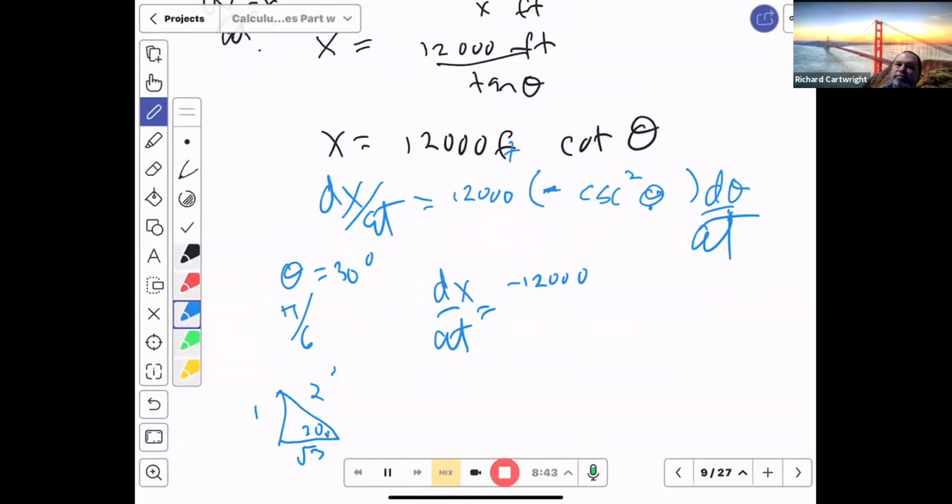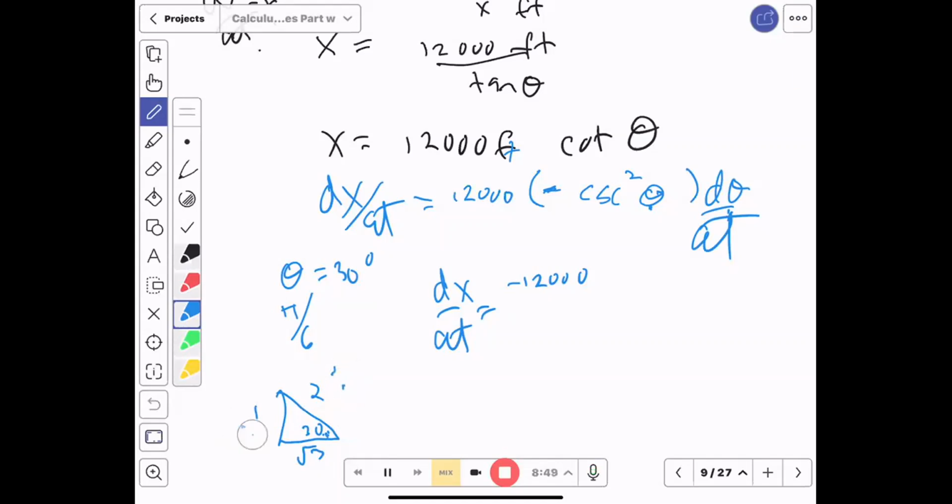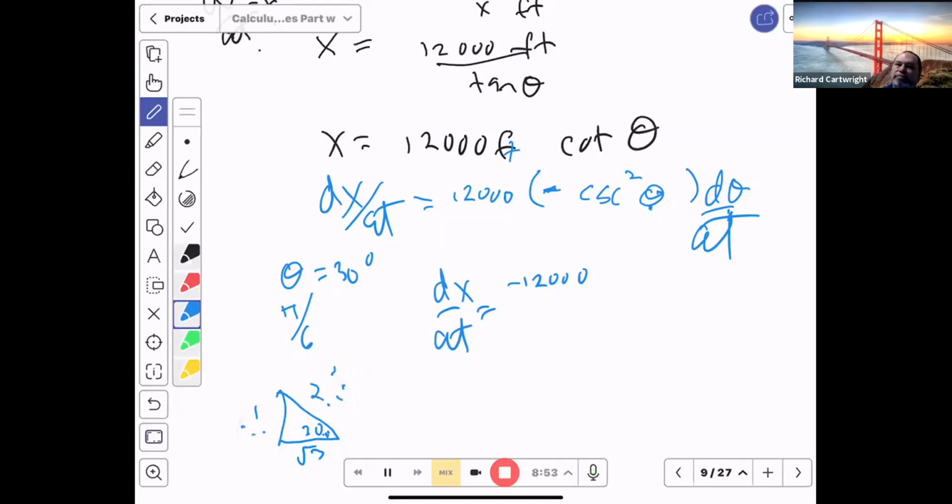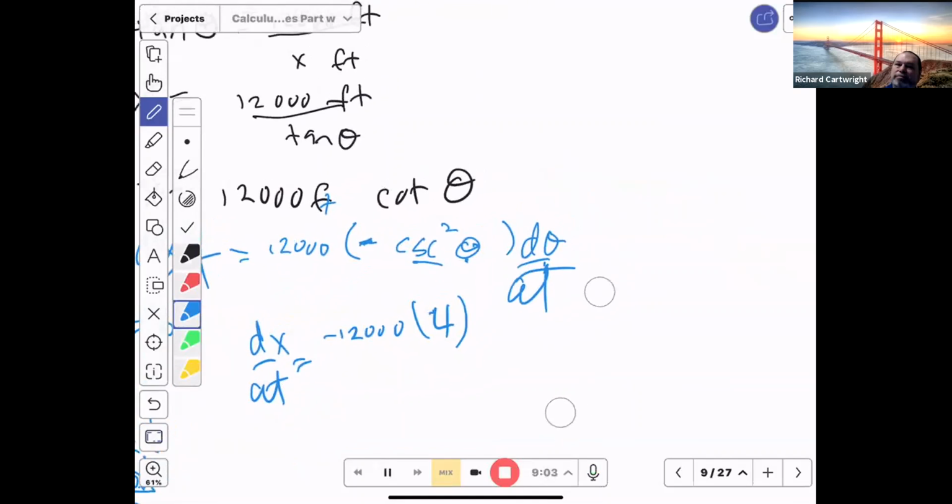It's the reciprocal of sine. Sine is opposite over hypotenuse. That's 1/2. Cosecant must be 2 over 1. So it's 2 over 1, or 2 squared. That's times 4.